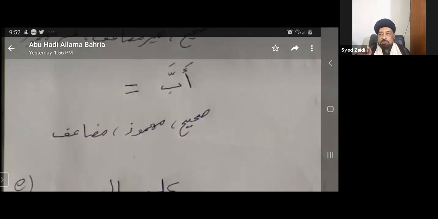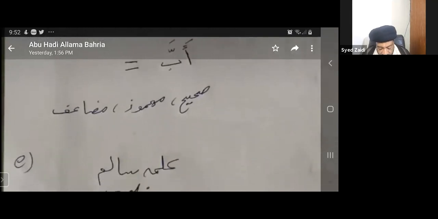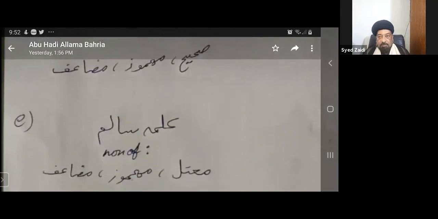It is mahmuz because of the hamza. Sahih, why? Because there's no alif, waw, and ya. Mahmuz, why? Because there is a hamza. And muza'af, why? Because of the two bas. Right? Mashallah.